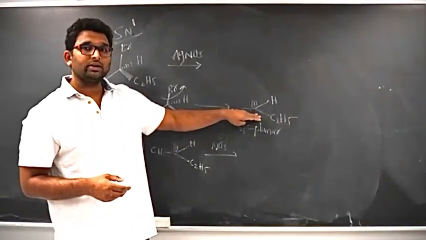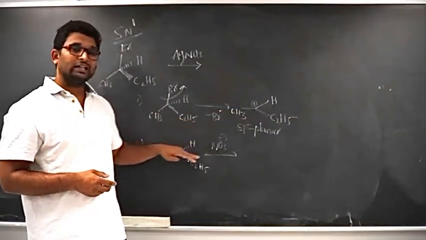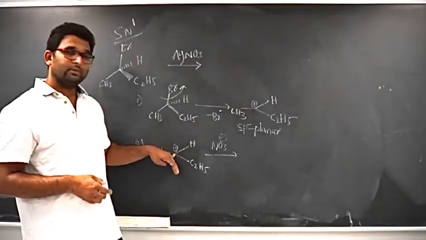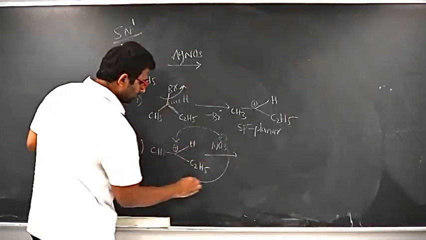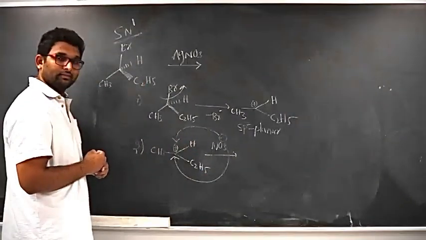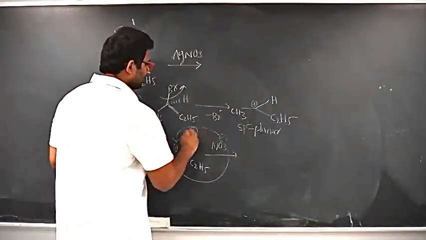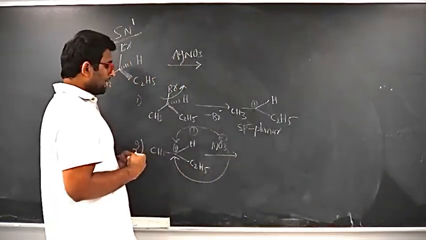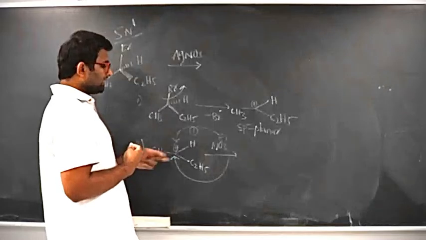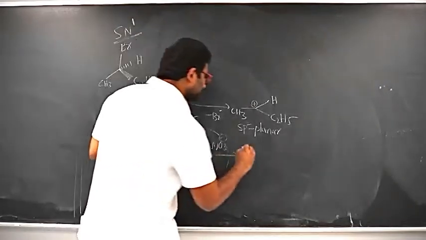Since the carbocation is planar, the incoming nucleophile can attack the carbon from two sides. One from above the plane and the other from below the plane. So an attack from above the plane gives a different product than an attack from below the plane.